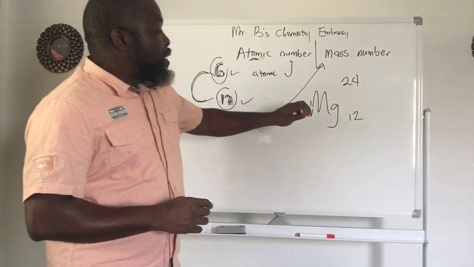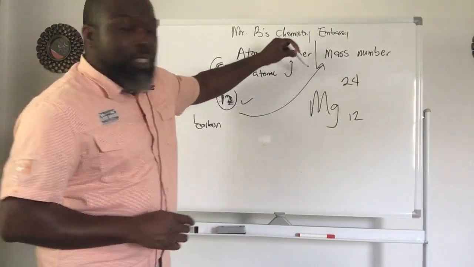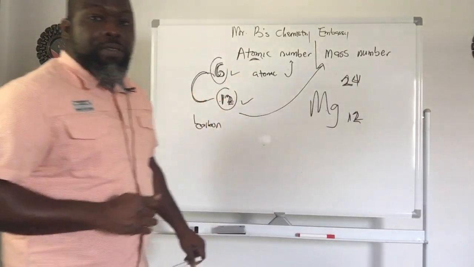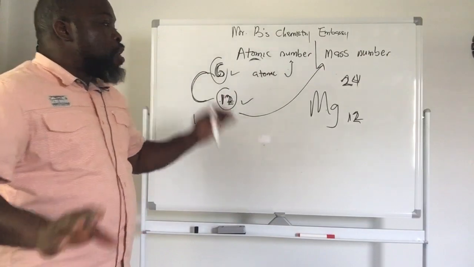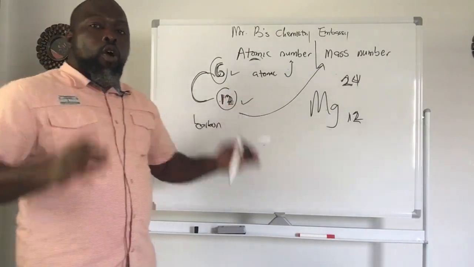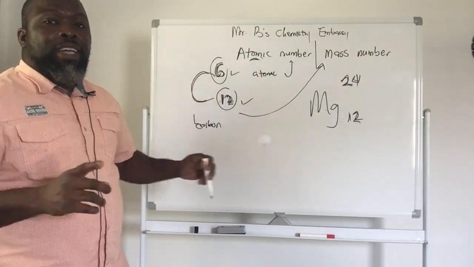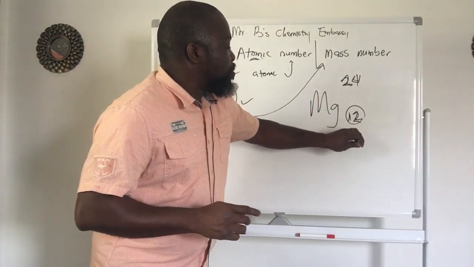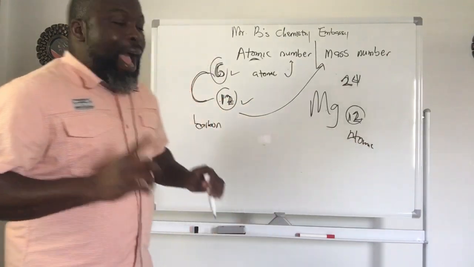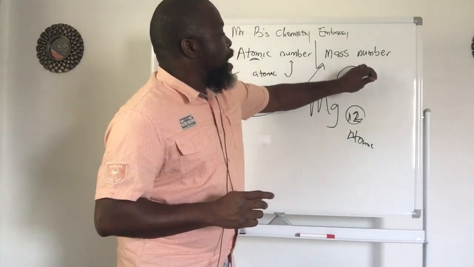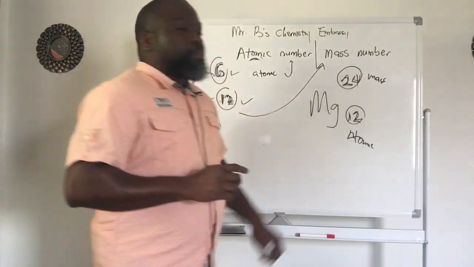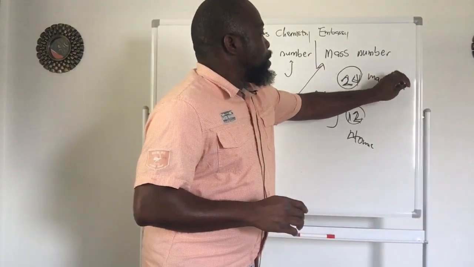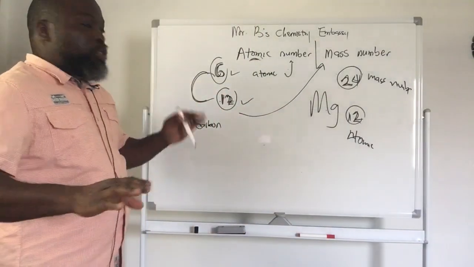But in the case of magnesium, the bigger number is up here, 24, and the smaller number is down here, 12. So it doesn't really matter how they present it to you. Just always remember that the smaller number is always our atomic number. So in this case, 12 is going to be my atomic number, and 24 is going to be my mass number. That is how you differentiate it, no matter the way they present it to you.